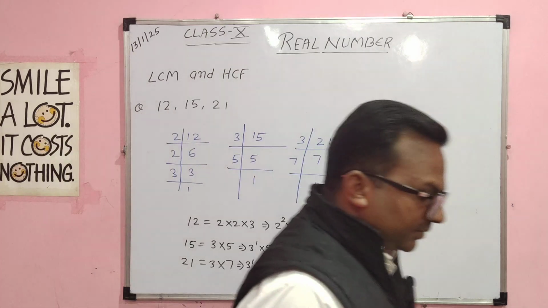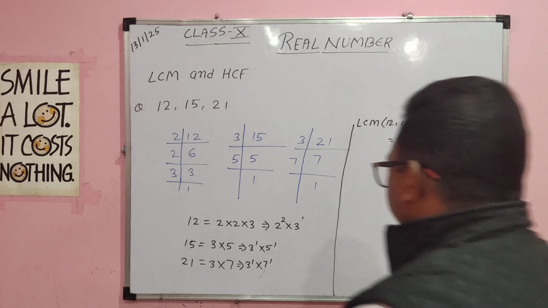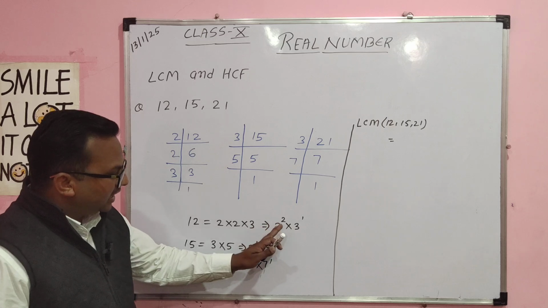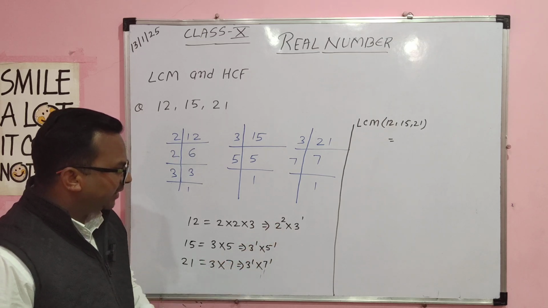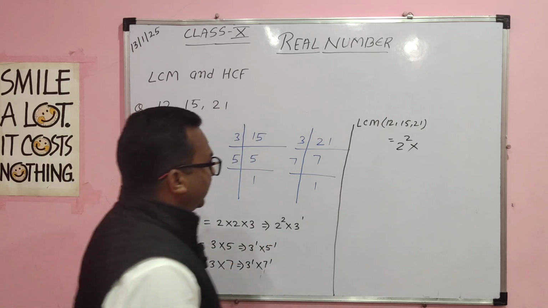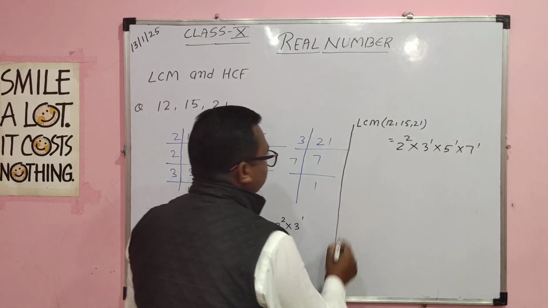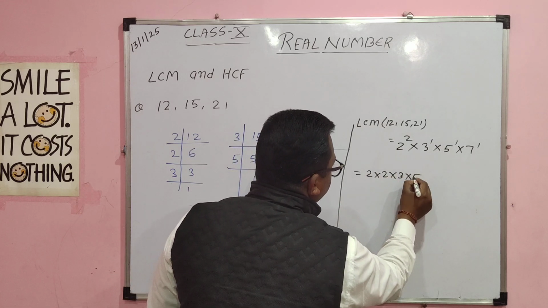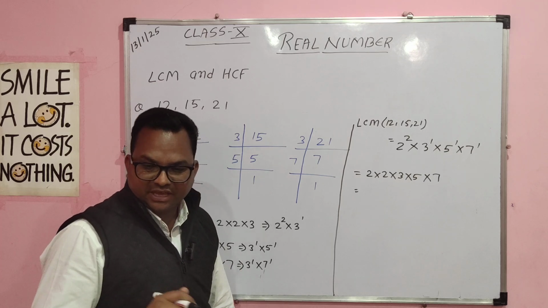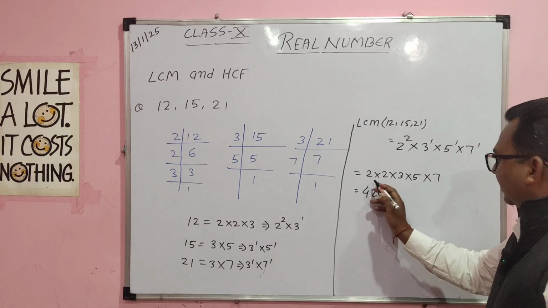So what will you do? You take the maximum power and write it. Clear? We go in ascending order, not descending order. Do you understand ascending and descending order? So in ascending order we go 2, 3, 5 and 7. The maximum power of 2 is 2 to the power 2, multiplied by 3, maximum power 3 to the power 1. Similarly, next is 5 to the power 1 and 7 to the power 1. So calculate 2 multiplied by 2 multiplied by 3 multiplied by 5 multiplied by 7. 2 2s are 4, 4 3s are 12, 12 5s are 60, and 60 multiplied by 7 is 420. 420 is the answer. If you have any problem with calculation, do it separately in 2 or 3 digits.